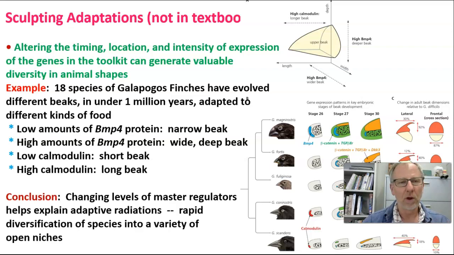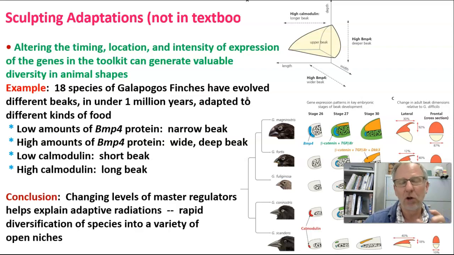And so what I've summarized here is the expression of different amounts of proteins from these genes is what gives rise to these differently shaped beaks. So just little tweaks in regulation. So for example, if there's low amounts of the BMP4 protein, then you get a narrow beak. If you have high amounts of the BMP4 protein, then you get a wide, deep beak. Okay.